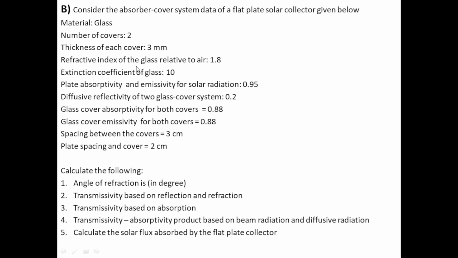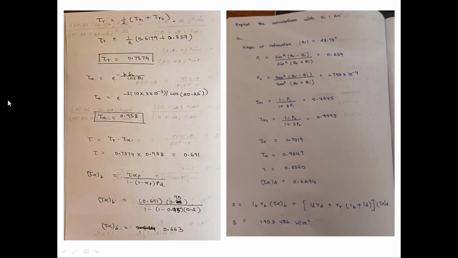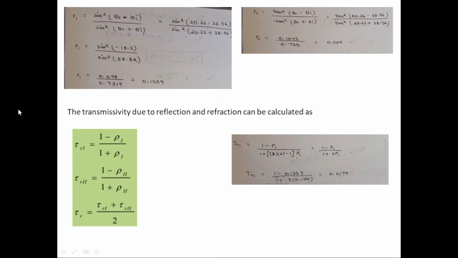So here we have one glass cover, beneath that another glass cover, beneath that your absorber plate, and beneath that your fluid tubes, which carry the fluid that will take the heat energy and use it for applications like solar heating, room heating, space cooling and many other applications, because the flat plate collector can be used only for low or medium temperature applications.